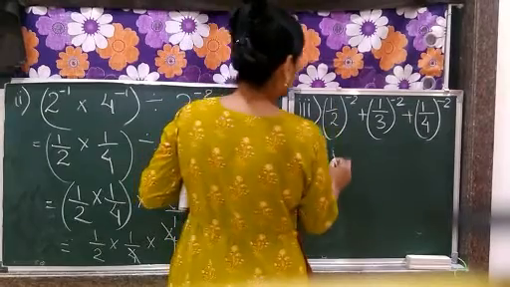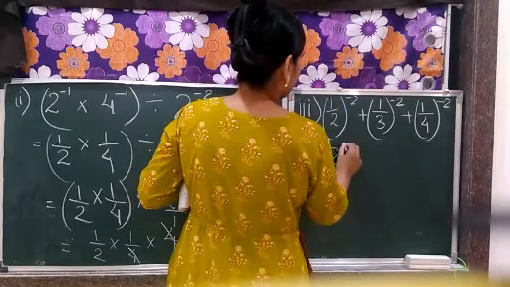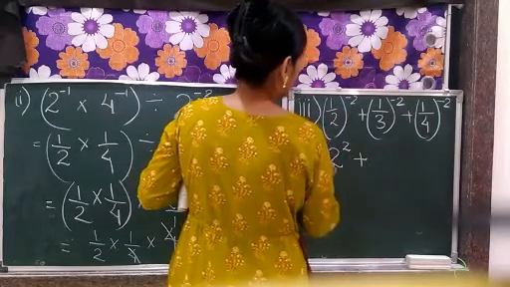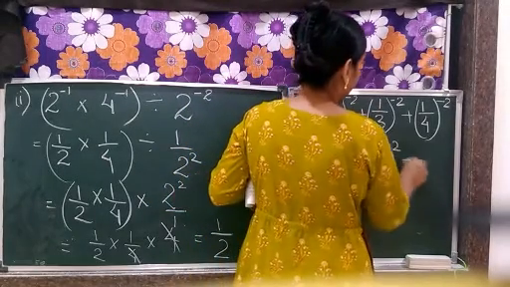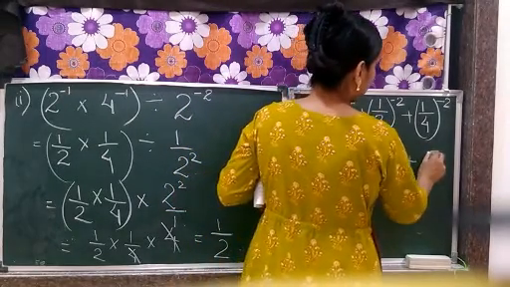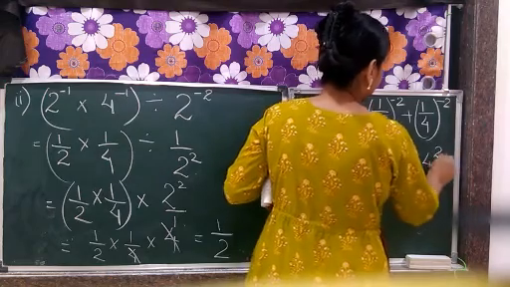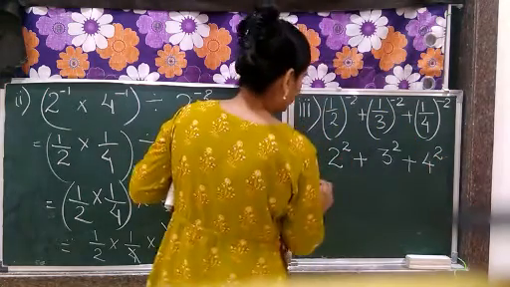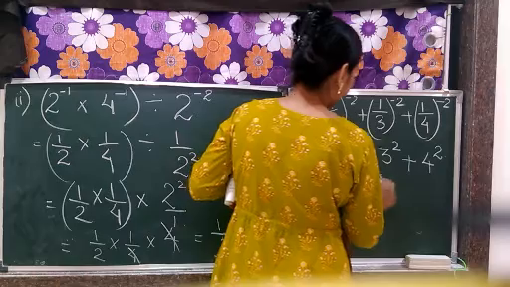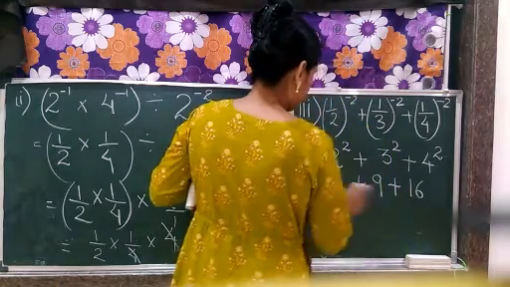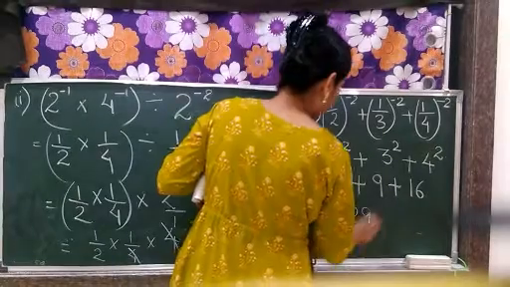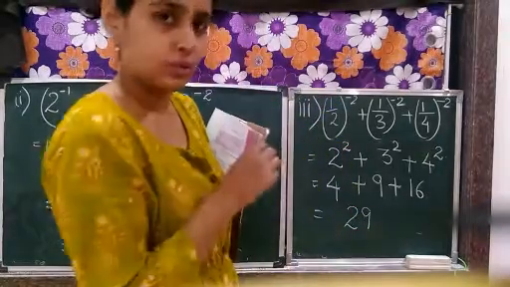So 1 by 2 becomes 2 by 1 square, 1 by 3 becomes 3 by 1 square, and 1 by 4 becomes 4 by 1 square. Okay, so 2 2s are 4, 3 3s are 9, 4 4s are 16, 25, 29. So the answer is 29.